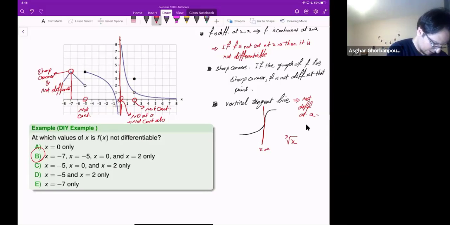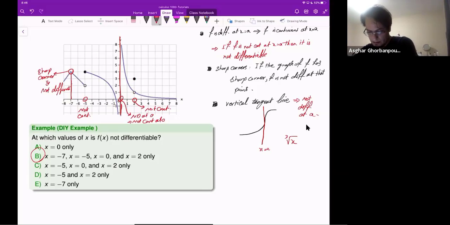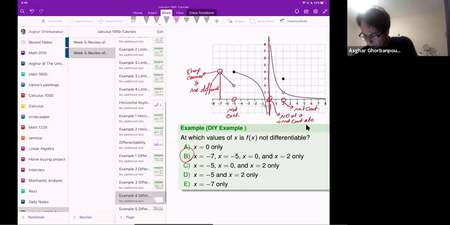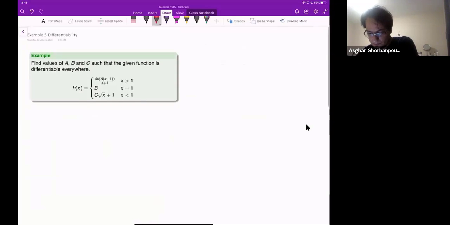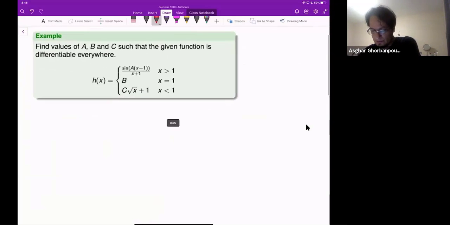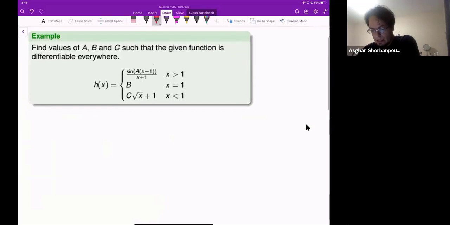So that was that example. Maybe two more things we have to go over. Okay, this is one of those. Differentiability.